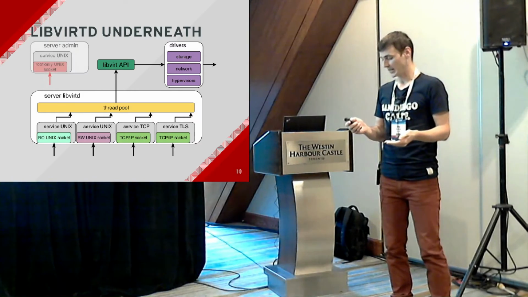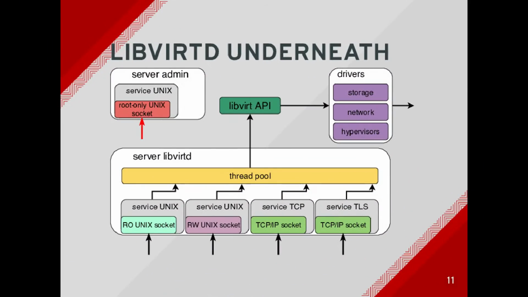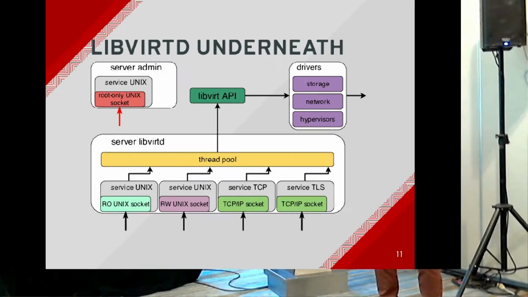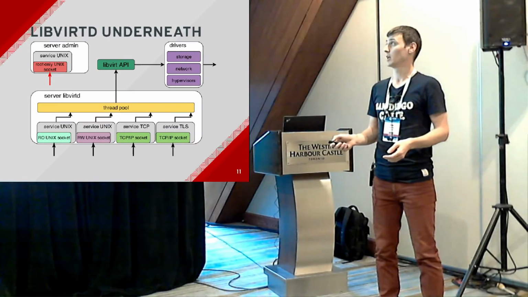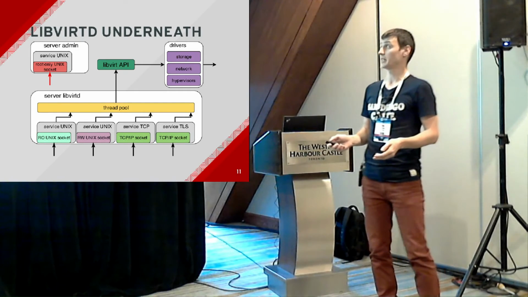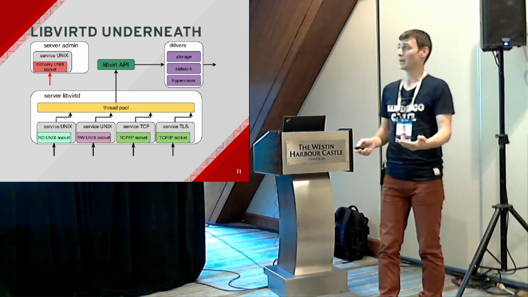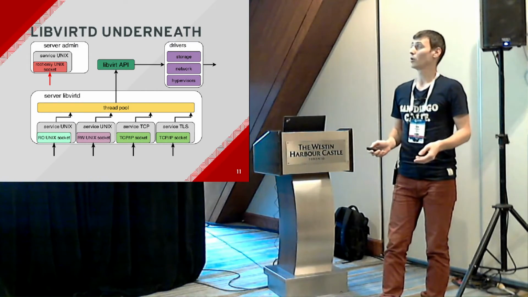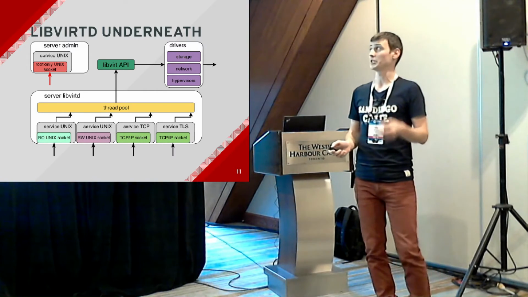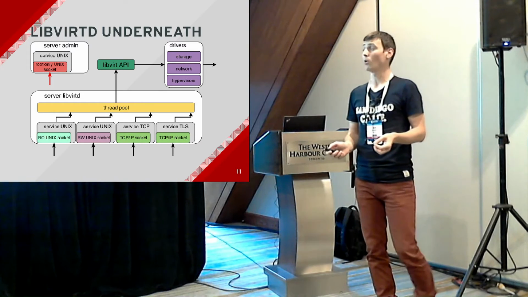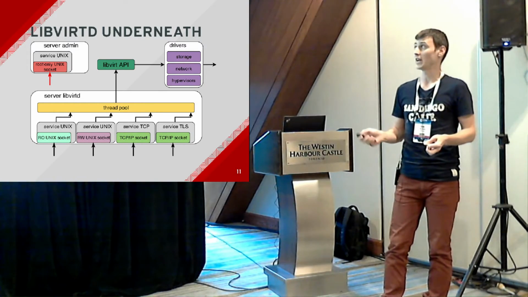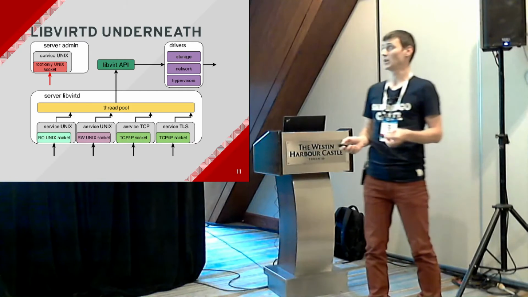So what we actually did to separate completely, and I hope it's much more self-contained, was that we created a new server, which our modular architecture allowed us to do. We created a completely new server called admin, which for now employs only one kind of service. It's a unique service, and you can only connect to the admin server through a root-only socket.